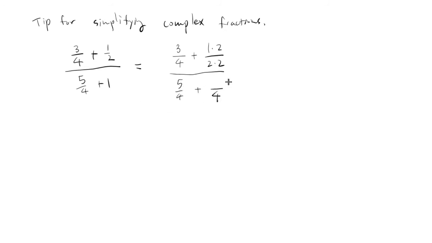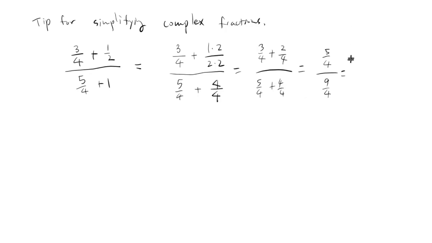Well, what's something over 4 that's equal to 1? Well, if you divide 4 by 4, that's 1, right? So you can rewrite it like 3 over 4 plus 2 over 4, all over 5 over 4 plus 4 over 4. And then now that you have common denominators, you can say this is like 5 over 4 divided by 5 plus 4, which is 9 over 4.